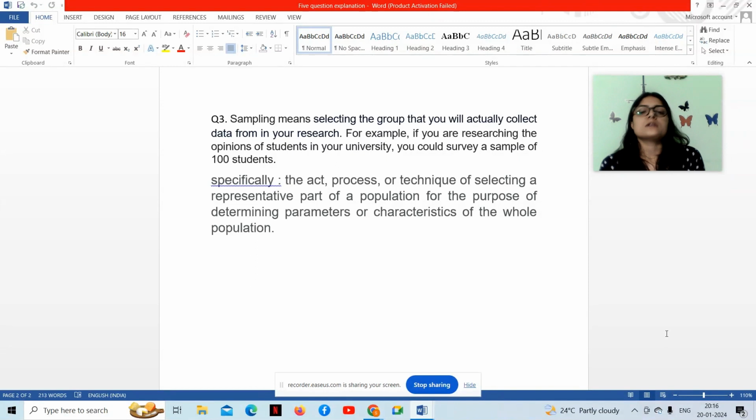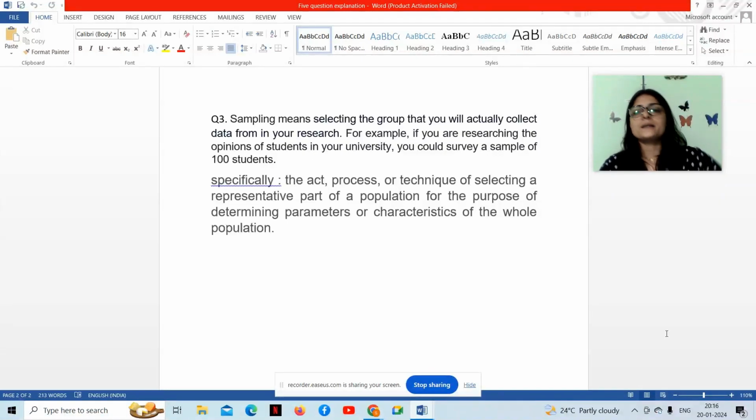Suppose you are researching the opinions of students in your university. You could survey a sample of 100 students, because in a university there are thousands or maybe lakhs, right? So we cannot go to each student to get their opinions.